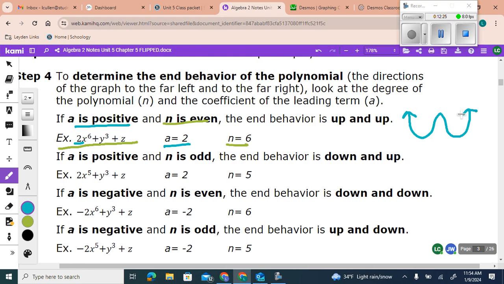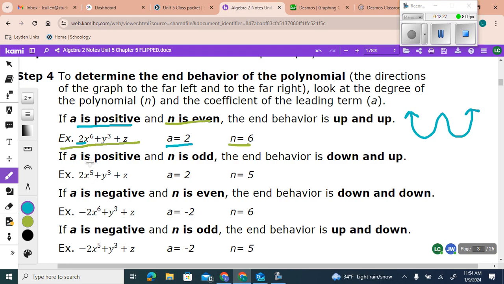If you have something very similar, A is positive, so in this example, 2 again, but this time, your n is odd, you are going to have an end behavior that starts down and ends up. Something like that.